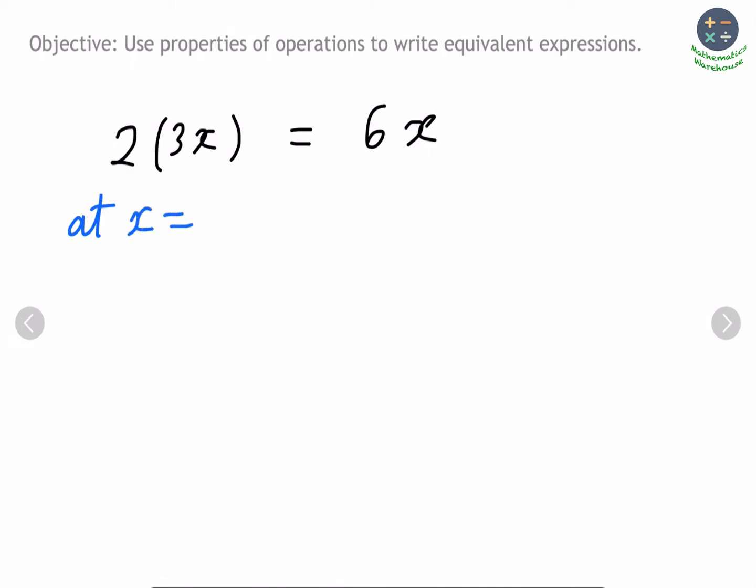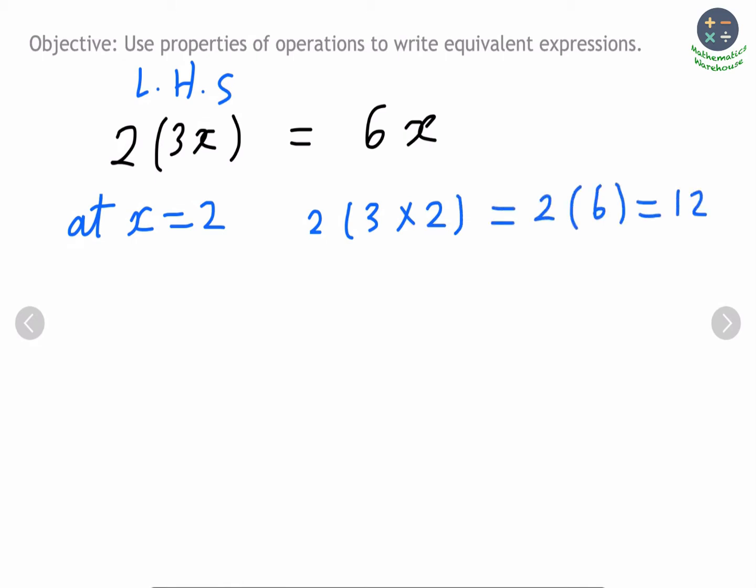Let us take an example about equivalent expressions. If we have 2 of 3x, this is equivalent to 6x. How could I know? Take x equals 2, for example. At x equals 2, the left hand side would be 2 times 3 times 2, so it would be 2 times 6, which is 12.